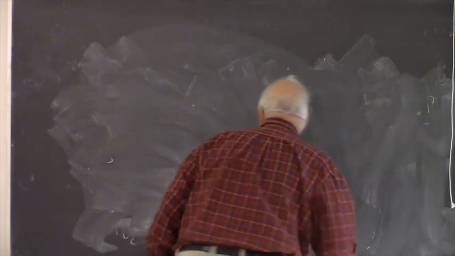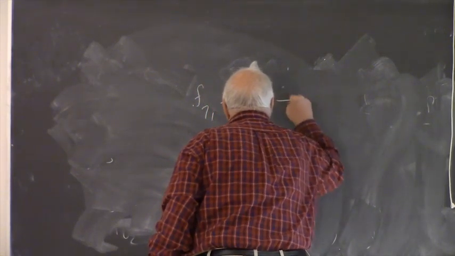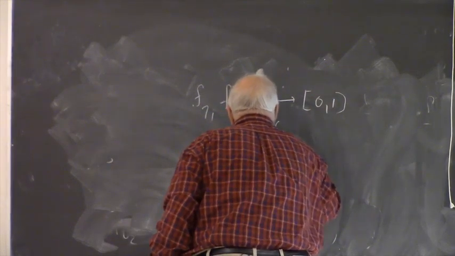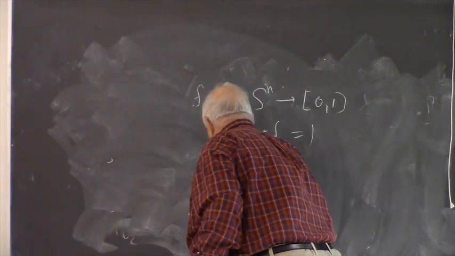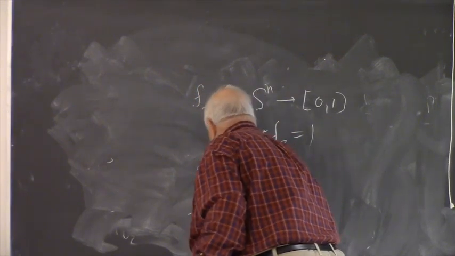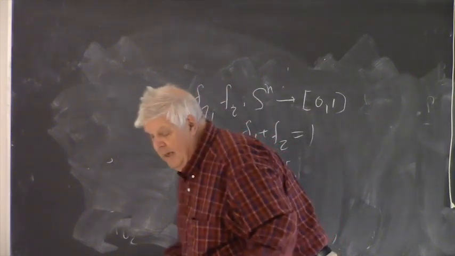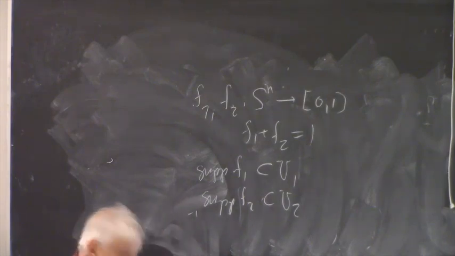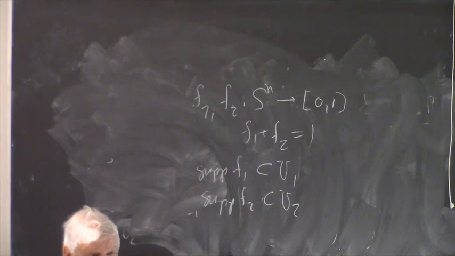So we have two functions, f1, f2, with sum 1, with supports contained in U1 and U2. Well, I don't expect any comments, but there is such a theorem.